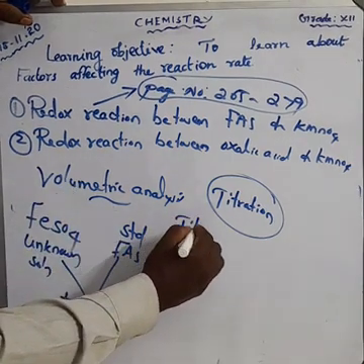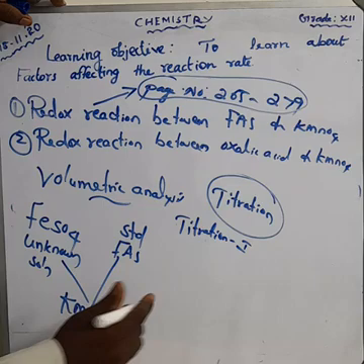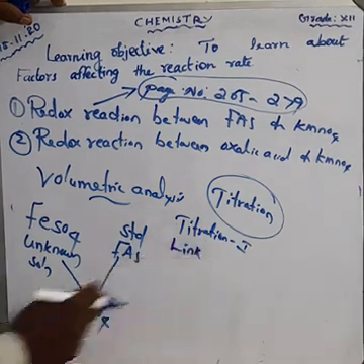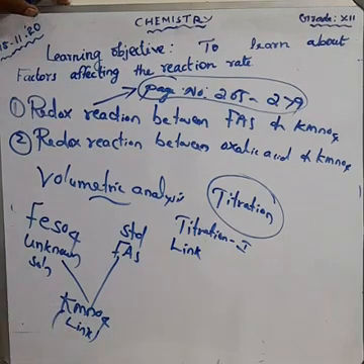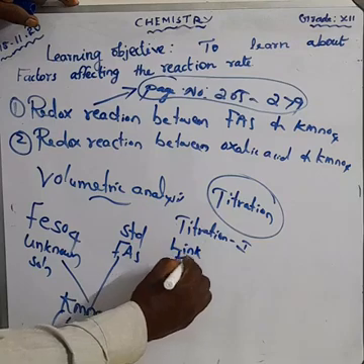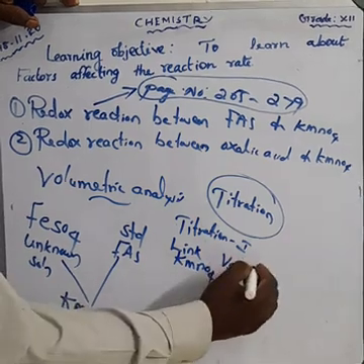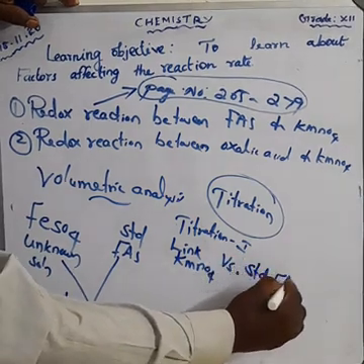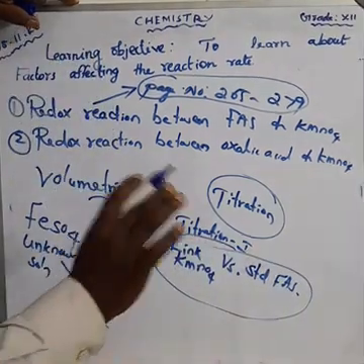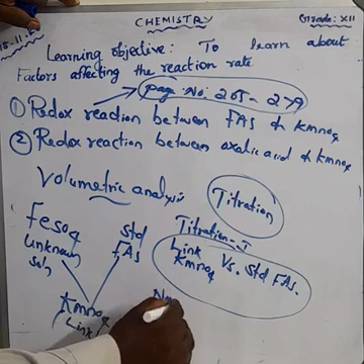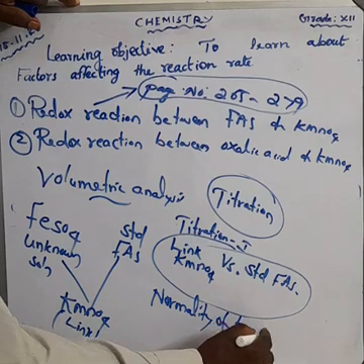Titration 1 is linked KMnO4, potassium permanganate, versus standard ferrous ammonium sulfate. From this we get the normality of KMnO4.